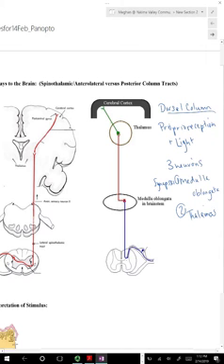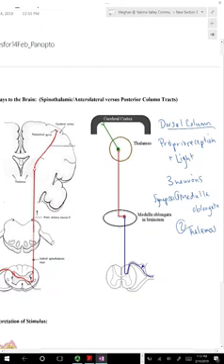So if we're starting from our first order neuron, the same thing is true. We would have that neuron somewhere in the skin, probably in the dermis of the skin on one of those tactile corpuscles, and that'll have dendrites.